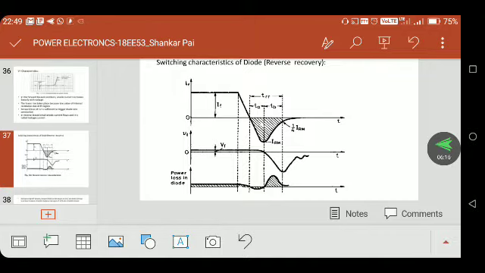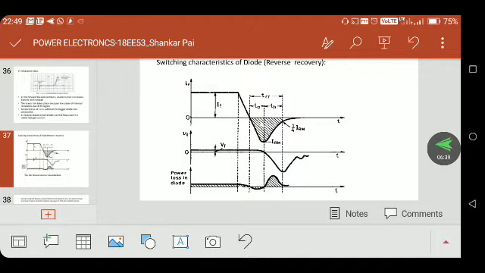Generally, if you consider any switching device, we think the transition from on to off or off to on takes place instantaneously, but it never happens. It takes a certain time for changing its levels from on to off.